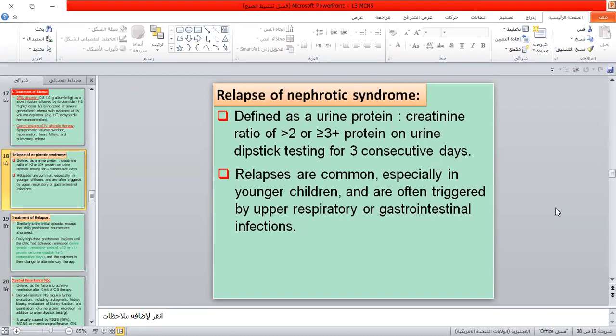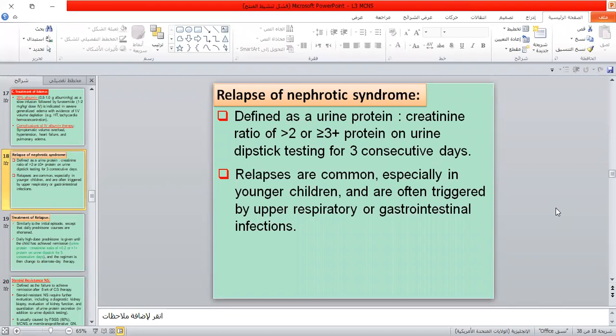As I said before, remission is urinary protein to creatinine ratio less than 0.2, or by dipstick less than 1 plus, for 3 consecutive days.